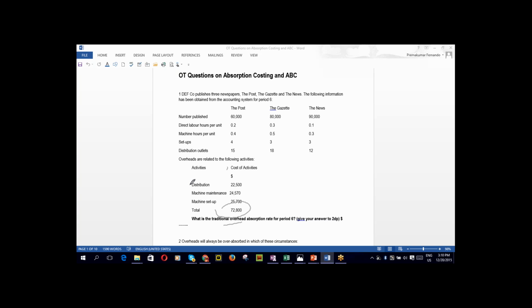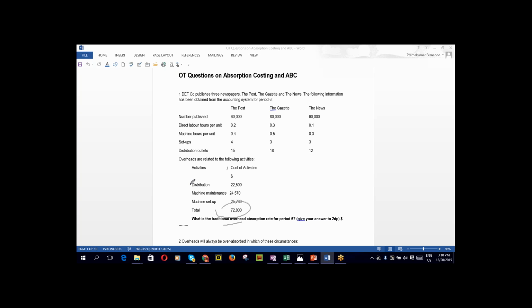What do you think is the more appropriate one? How can we know what is more appropriate between the machine and labor hours? Labor hours.